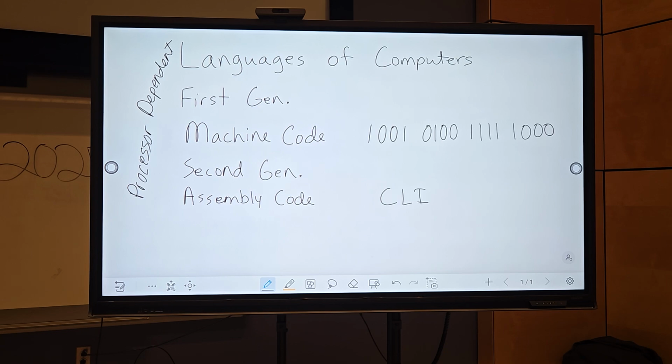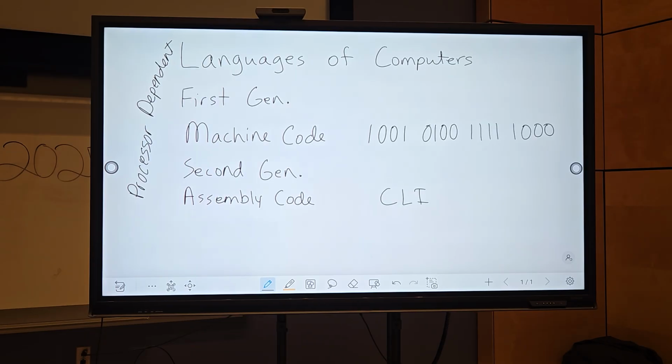We went over last time the instructions for a computer. There's 4 different types: the arithmetic, the logic, the branching, and the moving of data. So it's going to do one of those things and nothing else.